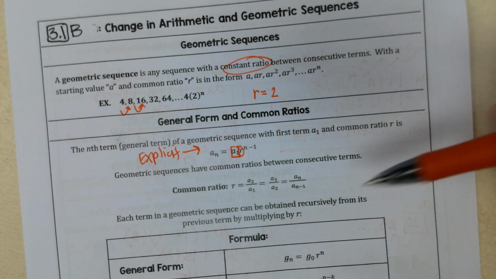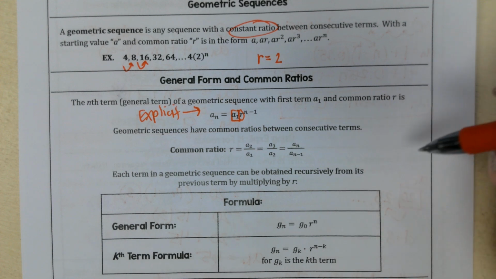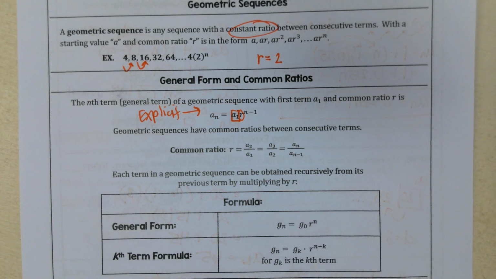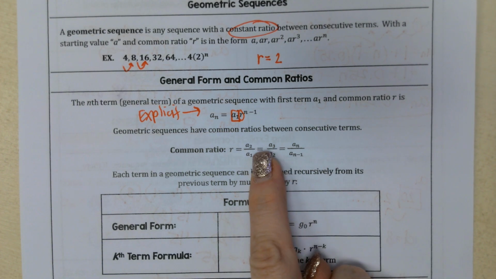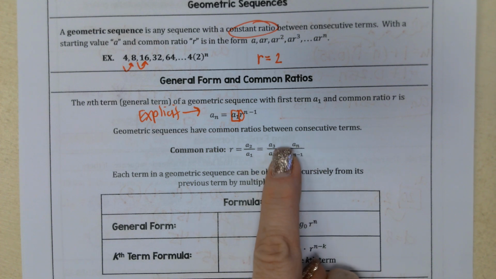Okay? If I don't know the common ratio, if I've got a list of numbers, what does it mean to be consecutive? Back to back, okay? You can take any 2 back-to-back numbers and divide them. You got to do the one that comes second over the one that comes right before it. Okay? We're going to look at that in a minute.